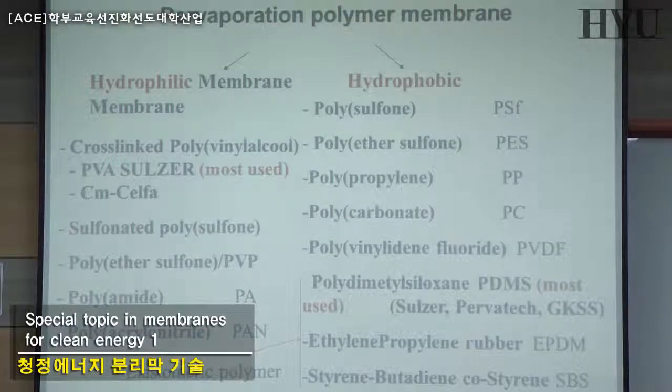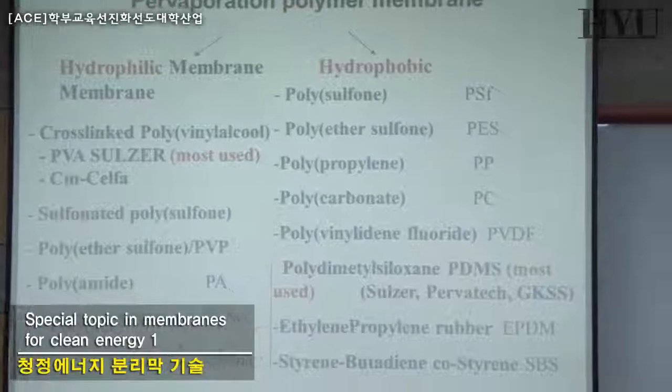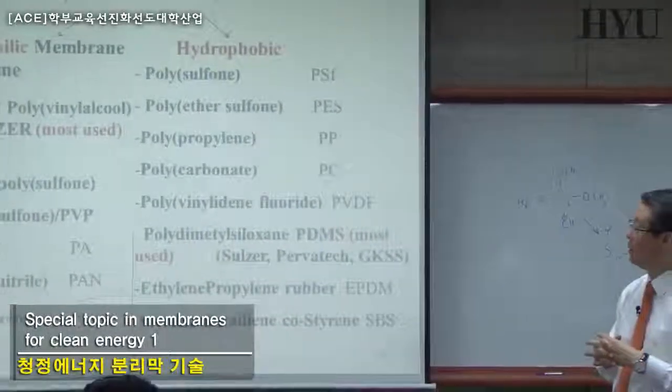But if you cross-link them, you can make a gel. You can make a hydrogel out of this cross-linked polyvinyl alcohol. Polyvinyl alcohol can have philicity because of hydroxyl groups in the side chain, so that it can have interaction with the water.